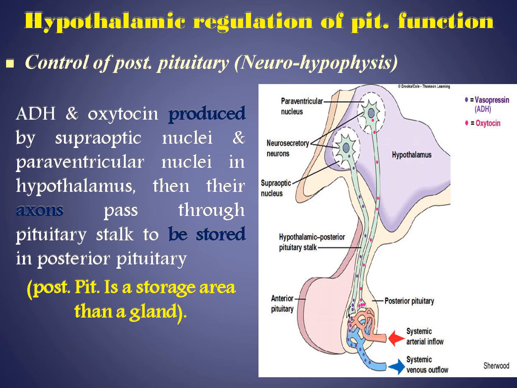So the posterior pituitary is just a storage area for the hormones that were synthesized and released from nerve cells present in the hypothalamus. So this is why we call the posterior pituitary the neurohypophysis, and it's not a true gland.